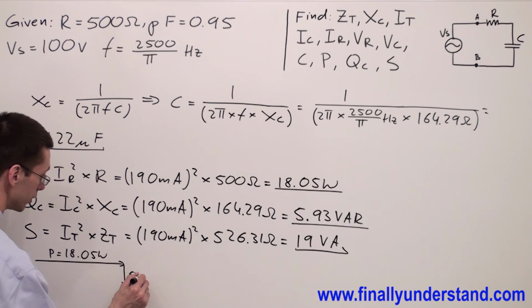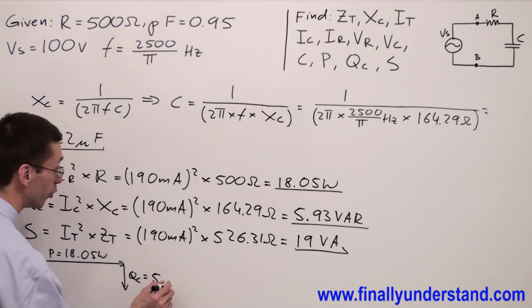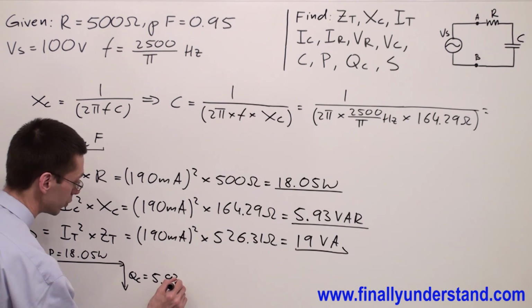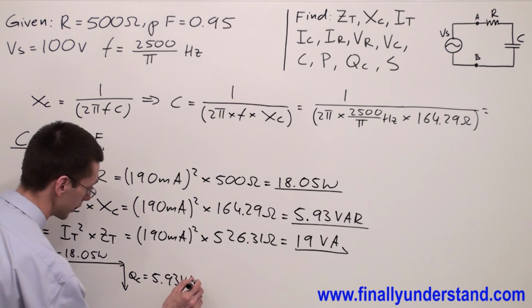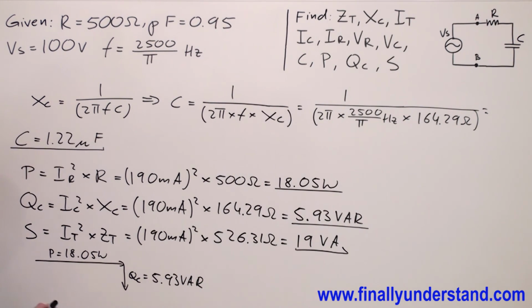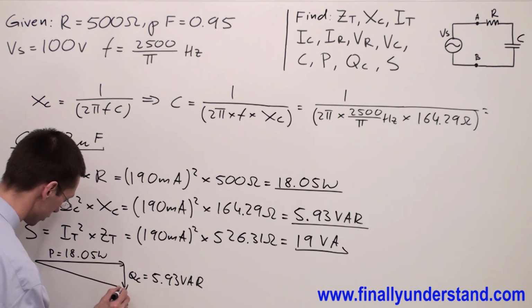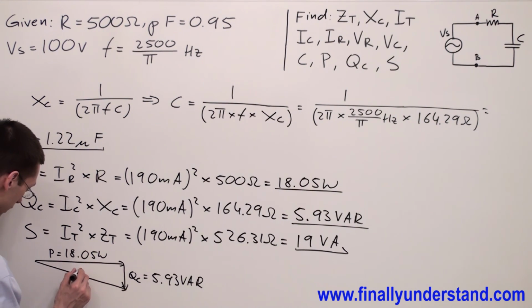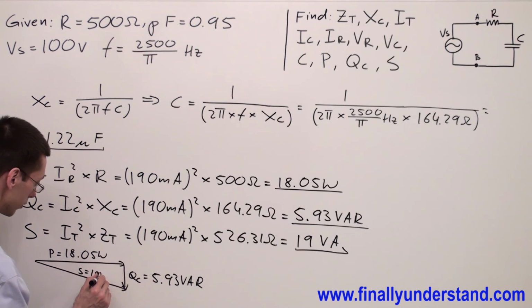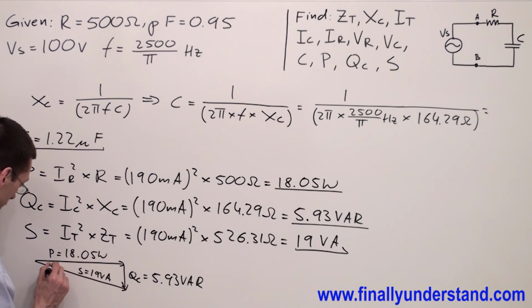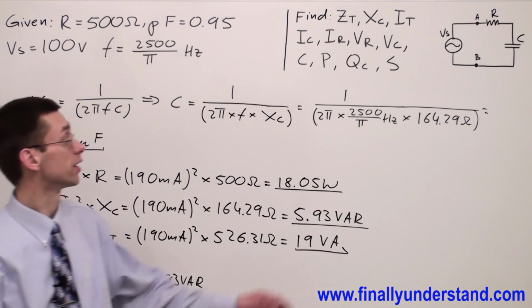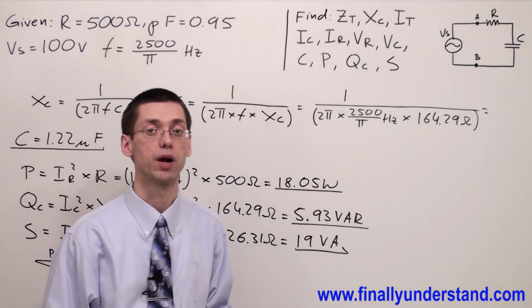So my QC equals 5.93 volt ampere reactance. And I have my apparent power. Okay, S equals 19 volt amp. And this is my angle theta. So basically we found everything, so the problem is solved.